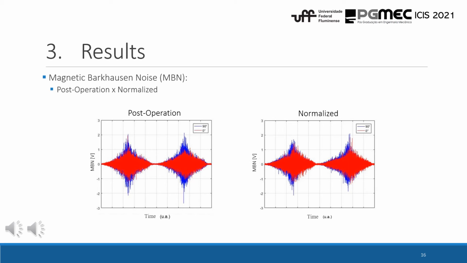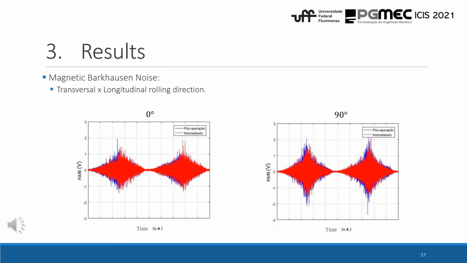Here, we could also see a tendency to equalize the MBN RMS values on the normalized conditions. For the 90-degree direction, there was a small decrease in values and an increase in the normal direction. This fact could be attributed to the residual stress redistribution inside the sample resulting from this heat treatment.